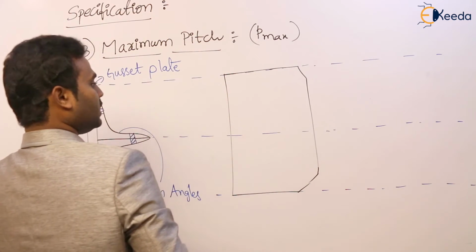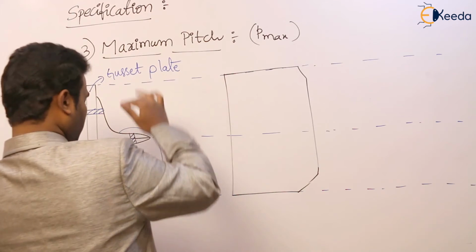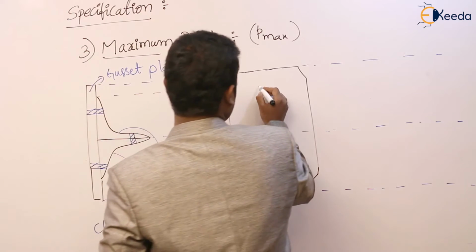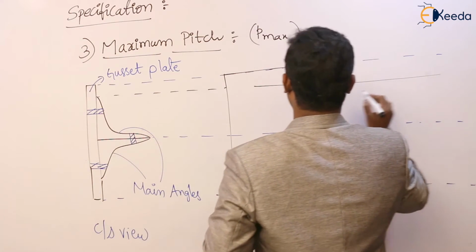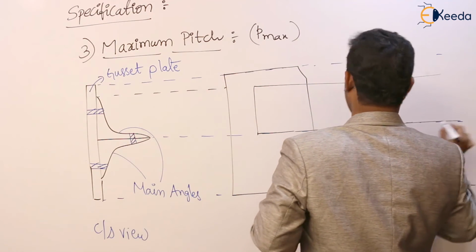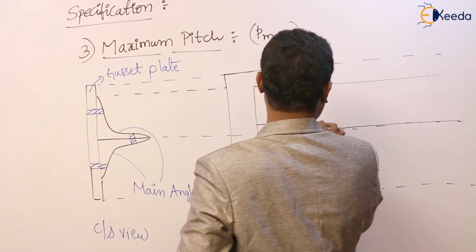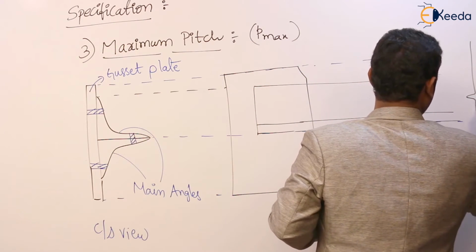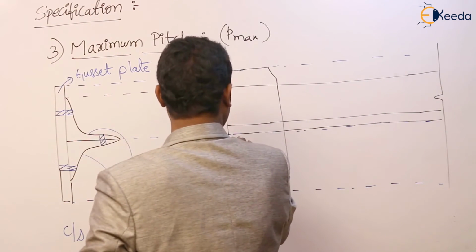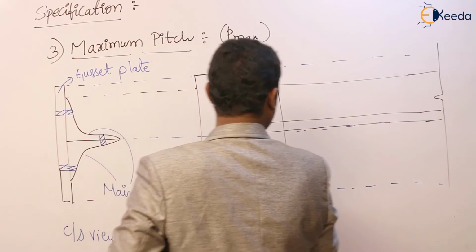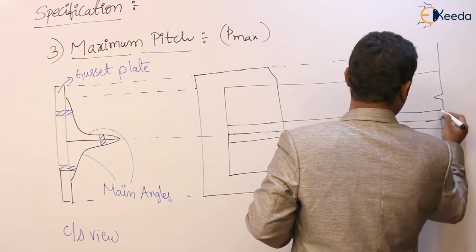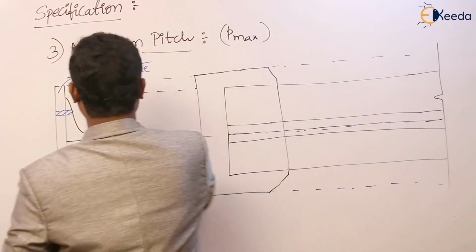Okay, this is a gusset plate. So to this gusset plate, here one angle. So here there exists only one line.